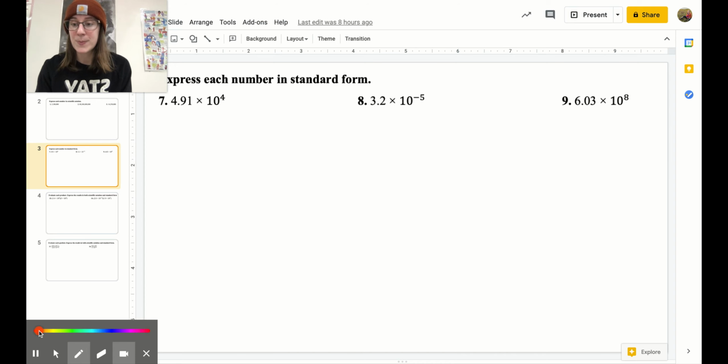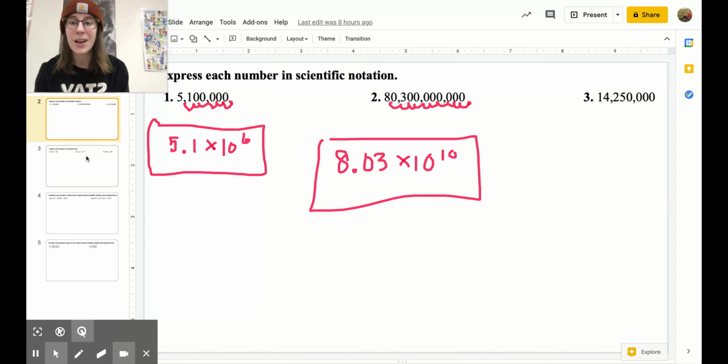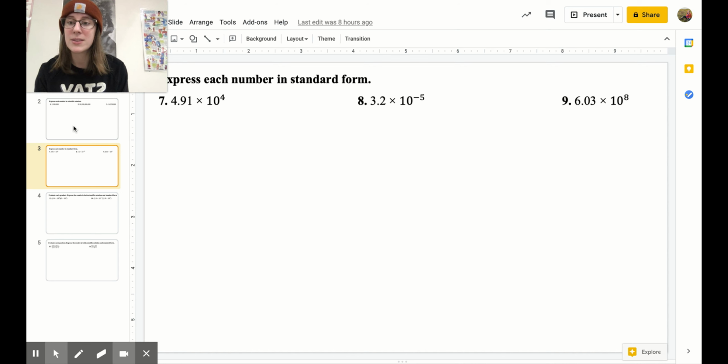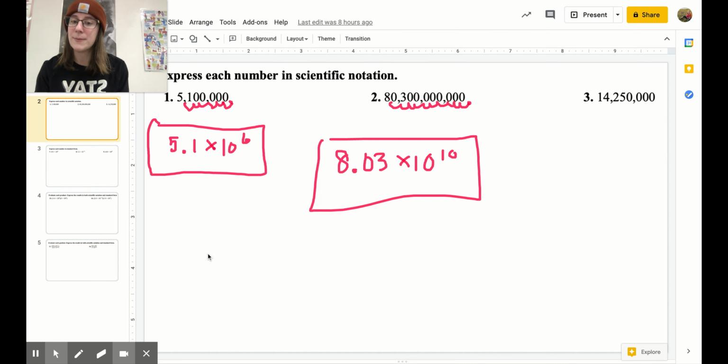So in this one, we want to go from standard form to, I guess I didn't add any of the smaller ones. If it was a smaller one, I guess I could add it in here. If you had a smaller number, basically what you're going to do is move the opposite way. So if I had 0.000 something, something, something, you would go the opposite way to make it a whole number.